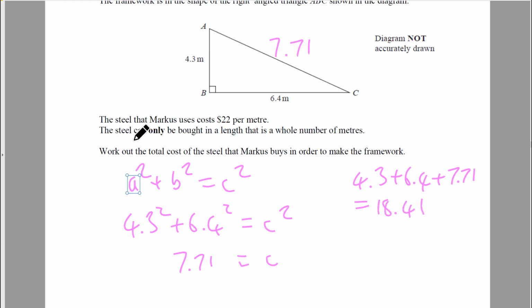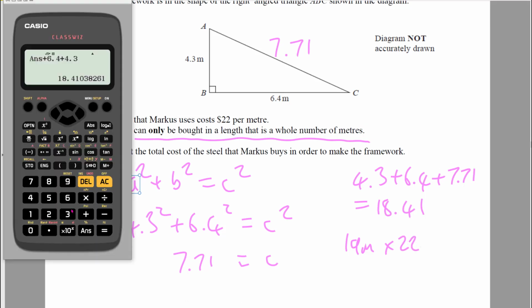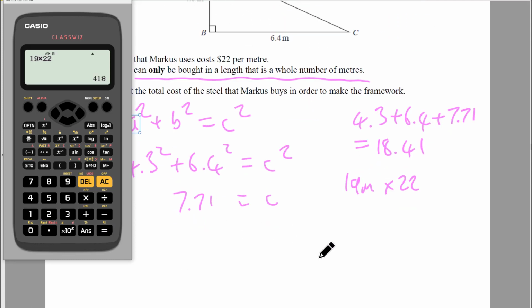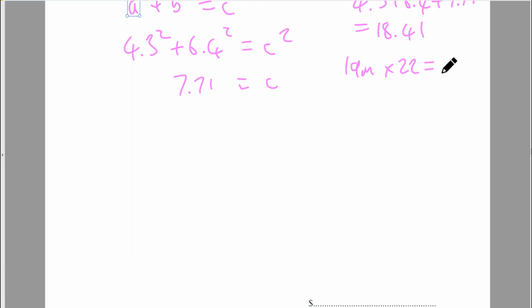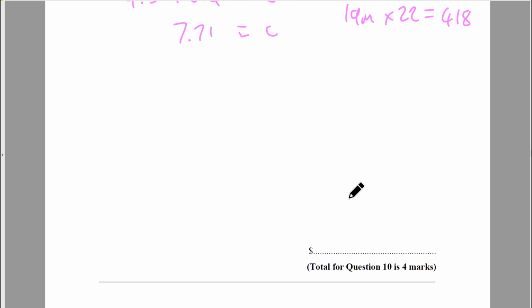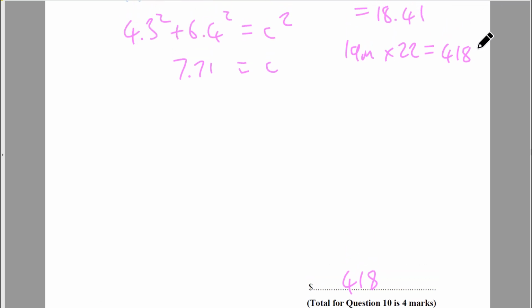That's not enough because the steel can only be bought in a length that is in whole meters, so you have to buy 19 meters. So you times that by 22. 19 times 22, $418. That is a nice few marks there. Just requires reading the question carefully.